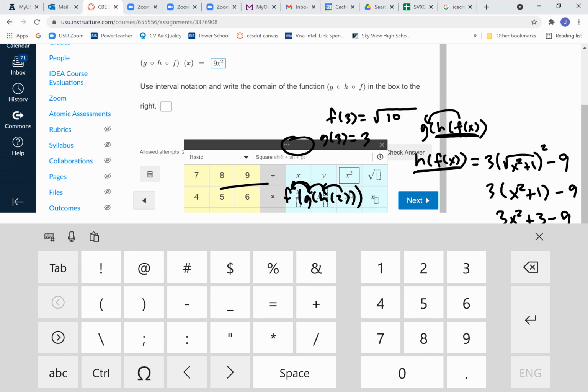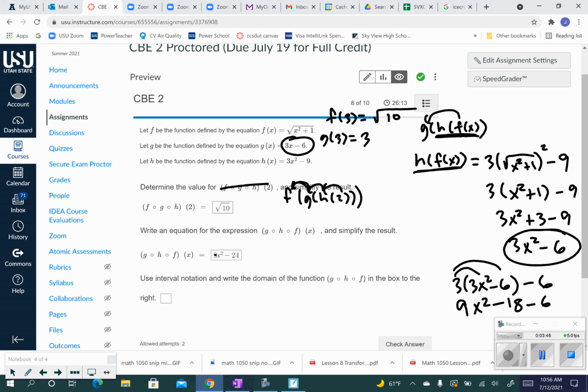Now it wants us to use interval notation when writing the domain of the function g of h of f of x. Here's the tricky part: when I plug a number in, it goes into f first. So I've got to start by asking, what is the domain of f?